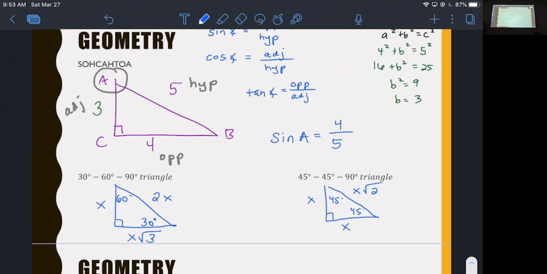Or if they were 8 and 8, then the hypotenuse would be 8 square root 2. Questions on the right triangle stuff that could show up?